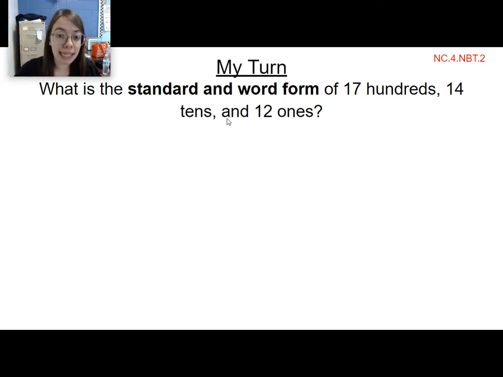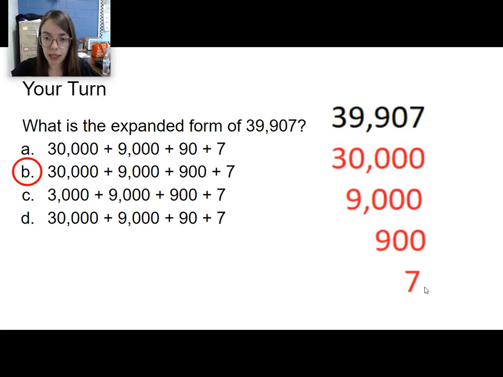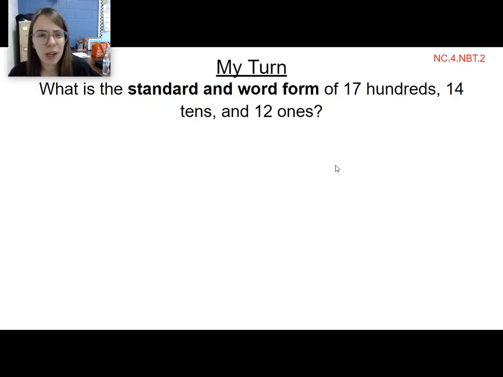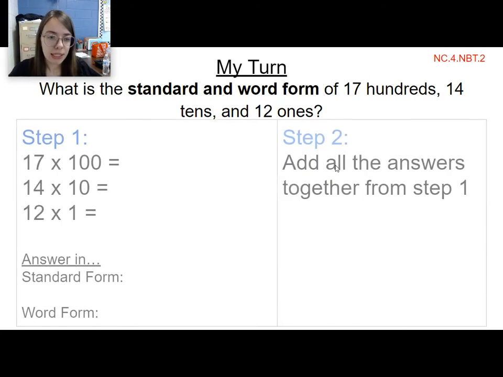These are all over groups of 10. So it's not just like our normal expanded form where we just have like 7 ones, 900s, 9,000s, 3 10,000s. It's in a weird form, so we have to solve what that is. Well, if we know how to tack on zeros, we can solve this no problem. See what I mean?